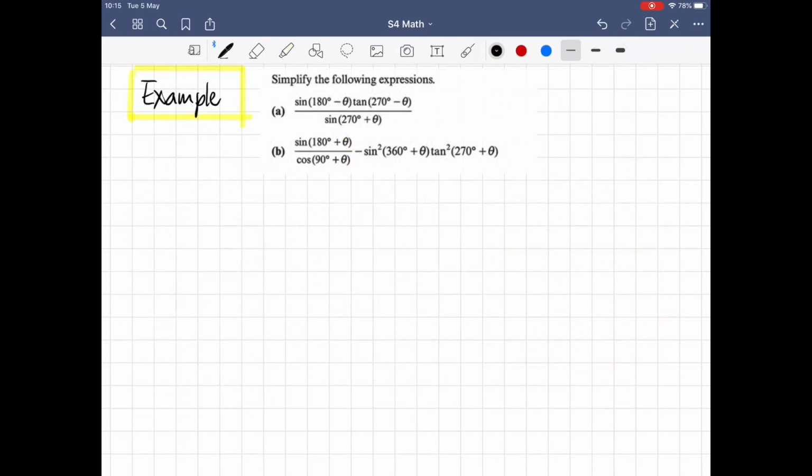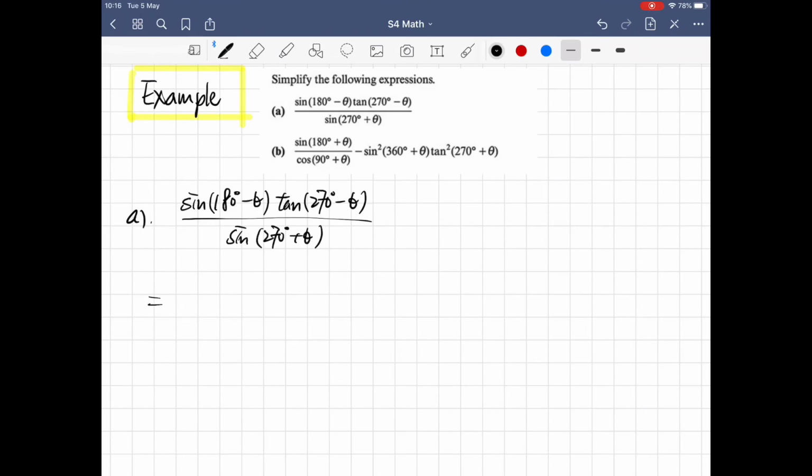So let's take a look at some examples. For part A, we have sine 180 degree minus theta, tangent 270 degree minus theta over sine 270 degree plus theta. Okay, so our first step is using the identities to simplify all the sine, cosine, and tangent.